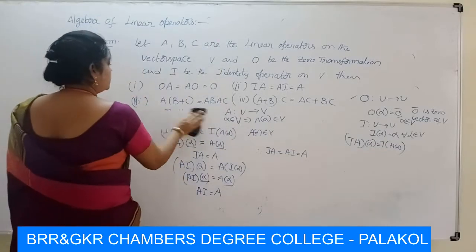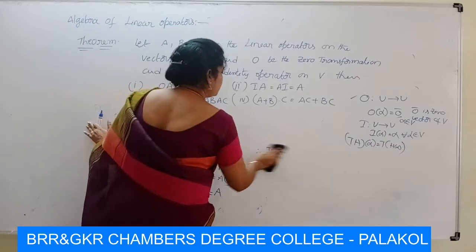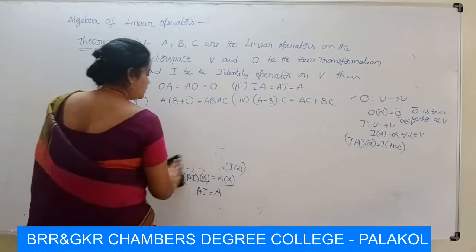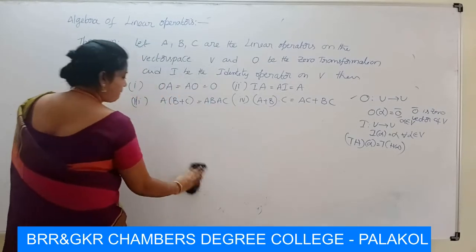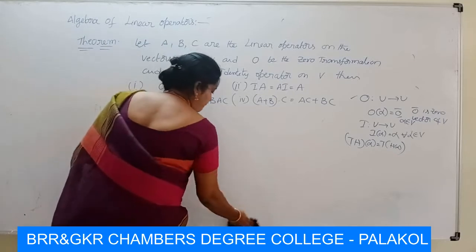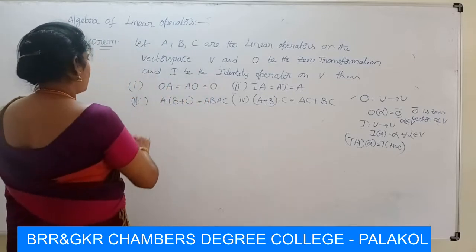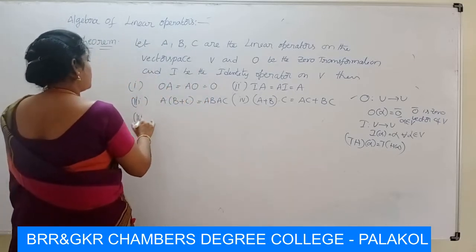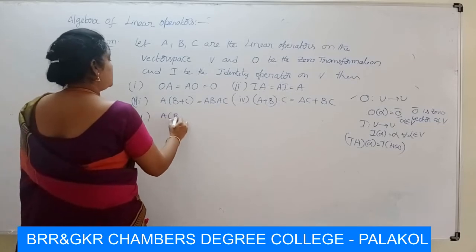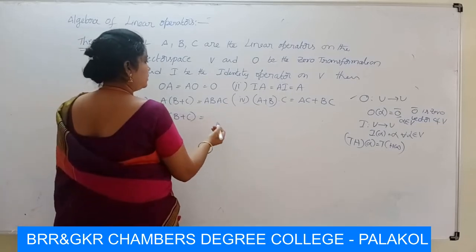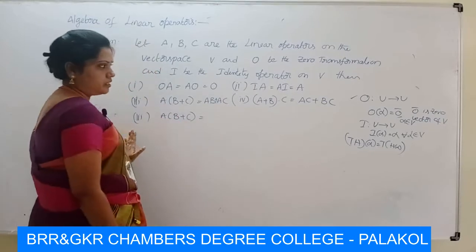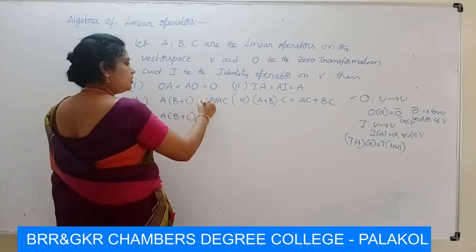Now the third one is A into B plus C equal to AB plus AC.